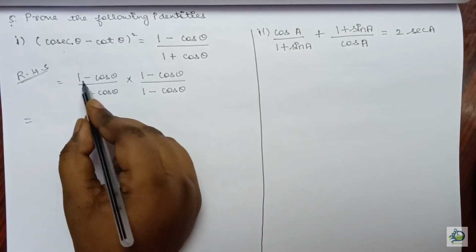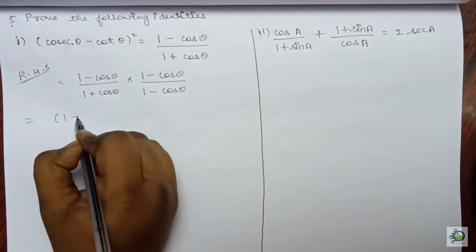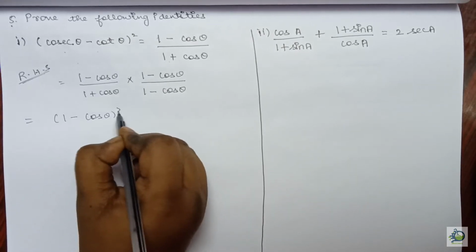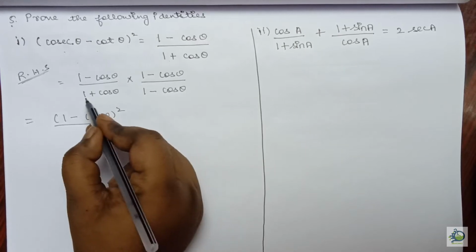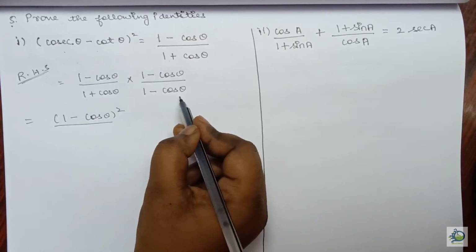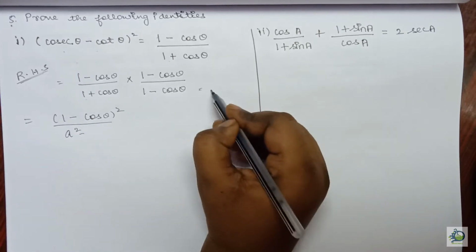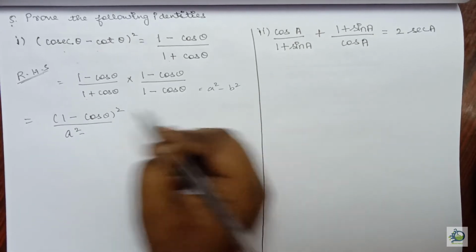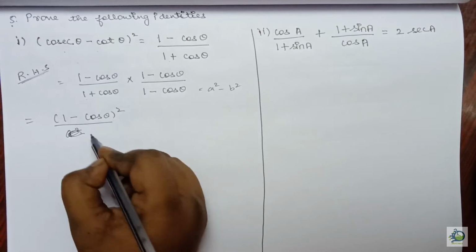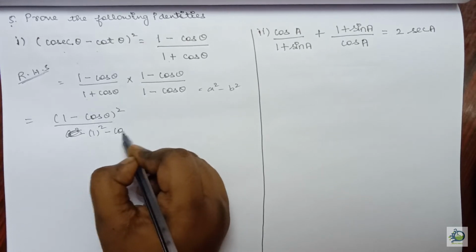Okay. Now 1 minus cos theta into 1 minus cos theta is 1 minus cos theta the whole square, divided by a plus b into a minus b. By identity, a plus b into a minus b is a square minus b square. So I can write it as 1 square minus cos square theta.